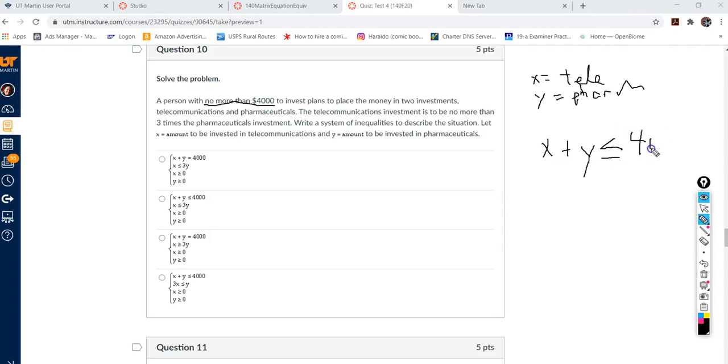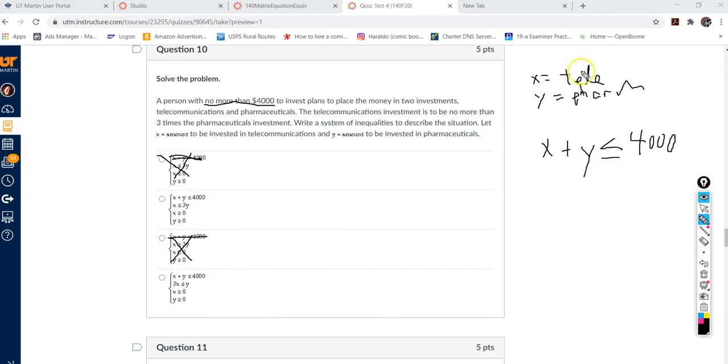So that's your job, is to take the words and get an algebraic expression. So that cannot happen because that has equal. That's good. That cannot happen. And that's good. So we've ruled this one out and this one out.